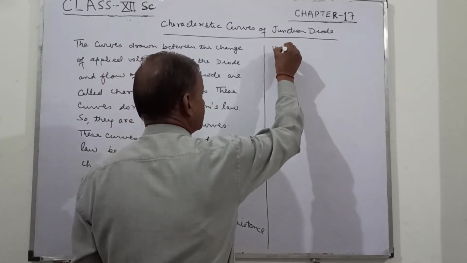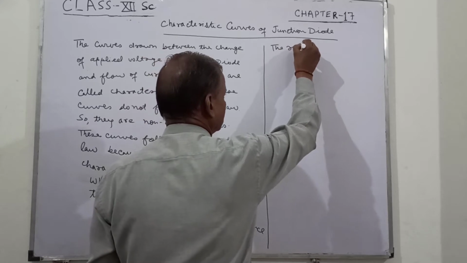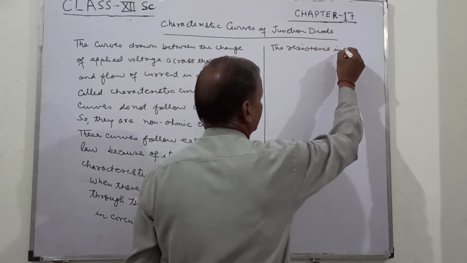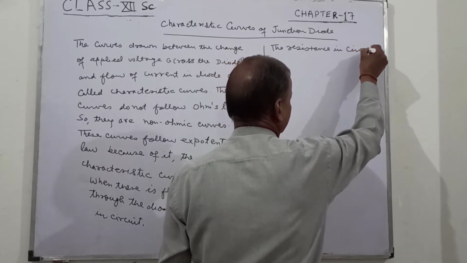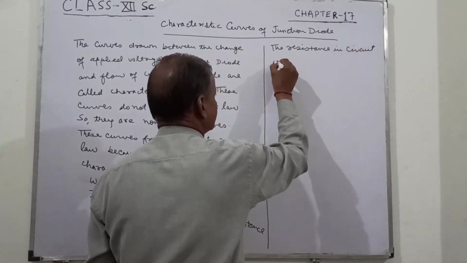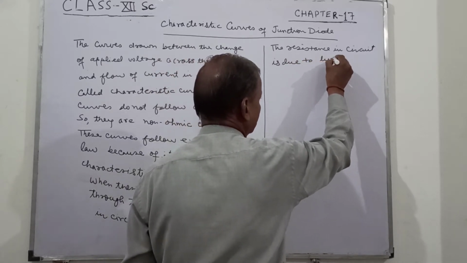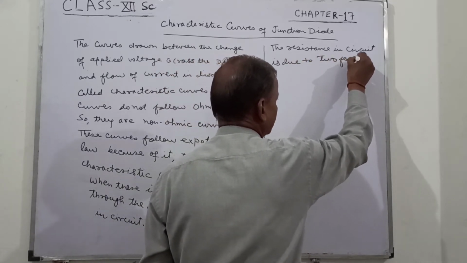The resistance in the circuit is due to two factors.